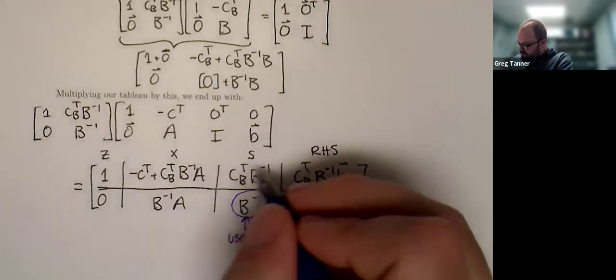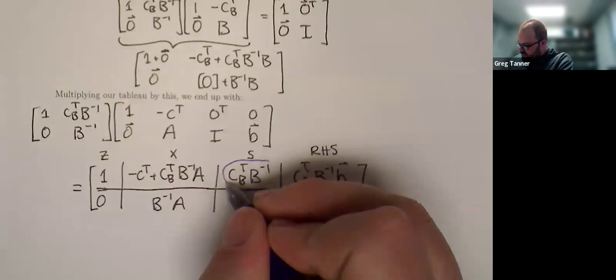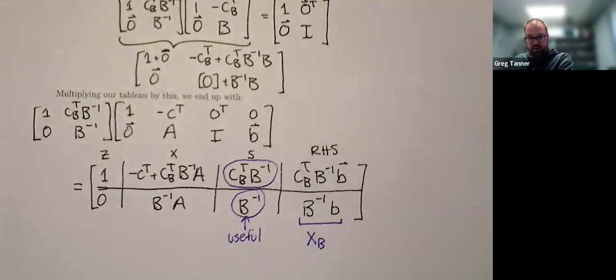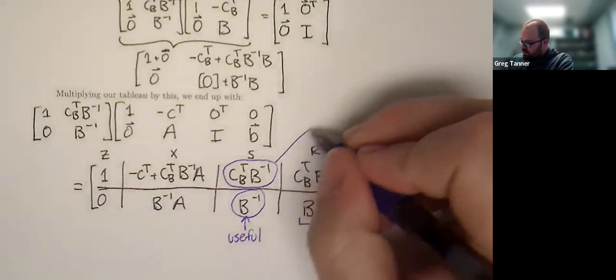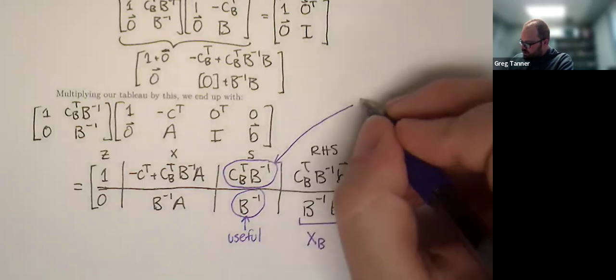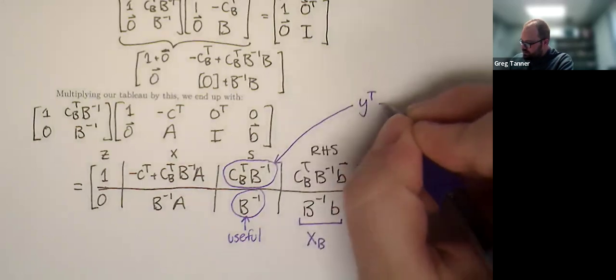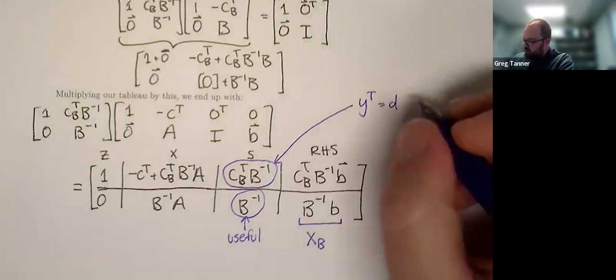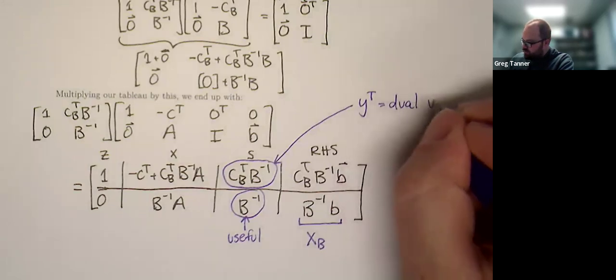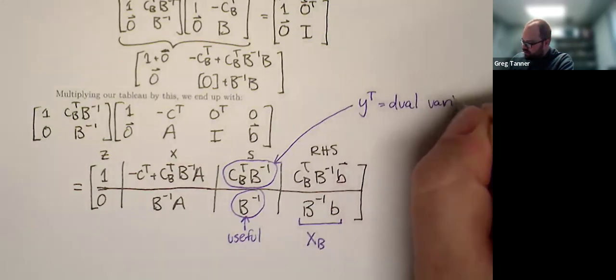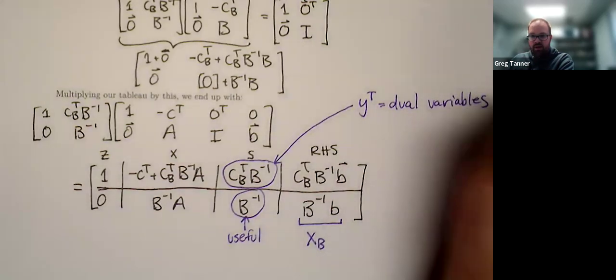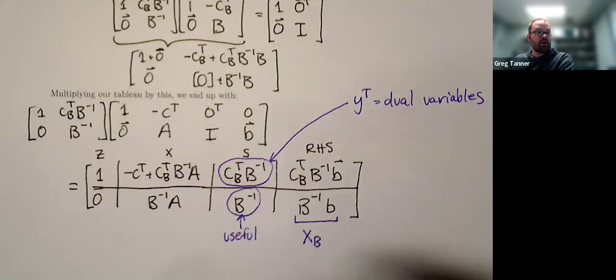Let's introduce this quantity here. Underneath the slack variables, we'll call this Y transpose. These are what we call the dual variables. We're going to talk about duality in just a bit.